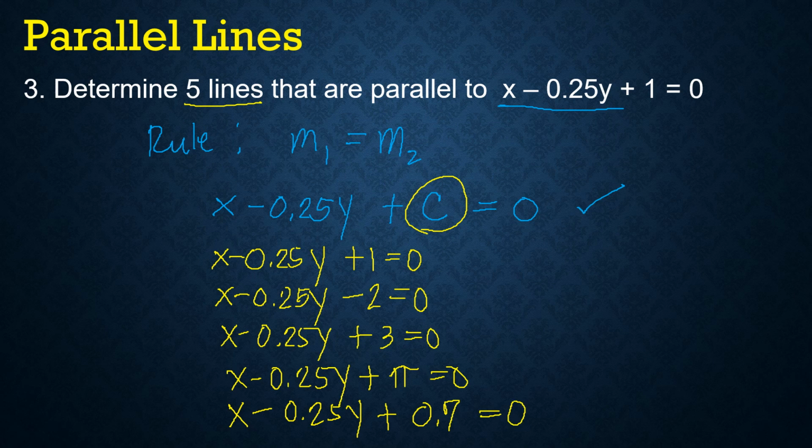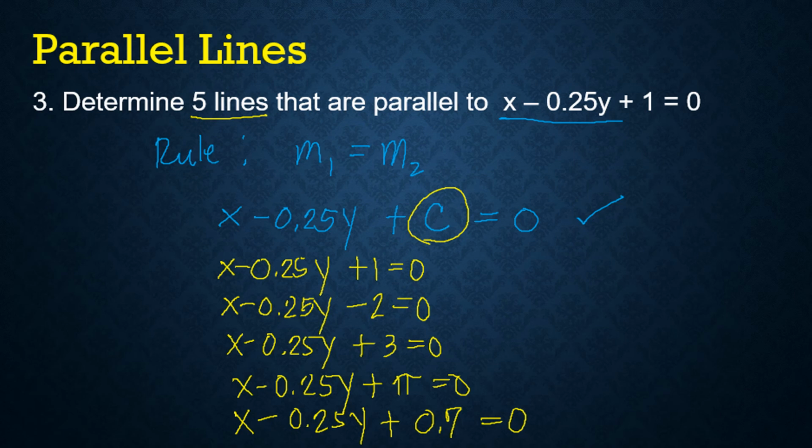So these are the possible equations of lines which are parallel to x minus 0.25y plus 1 equals 0. And as you observe, we are just changing the constant here from 1 to negative 2 to 3 to pi to 0.7, but the first two terms will not be changed because it will now refer to parallel lines, and all of them will have the same slope.